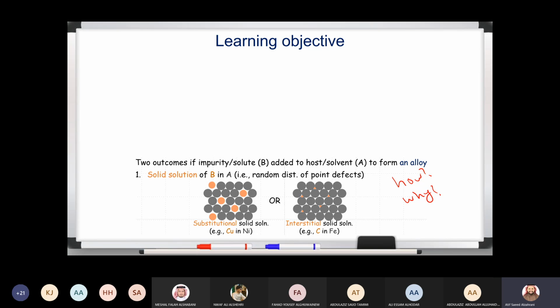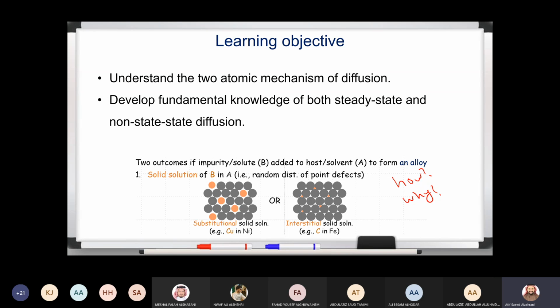And this is basically the essence of this chapter, diffusion: to try to answer these questions. So the objective is to understand the two atomic mechanisms for diffusion, to develop some fundamental knowledge on both steady state and non-steady state diffusion, and finally to know the factors that influence diffusion. So these are what we're going to cover, inshallah, in this chapter.